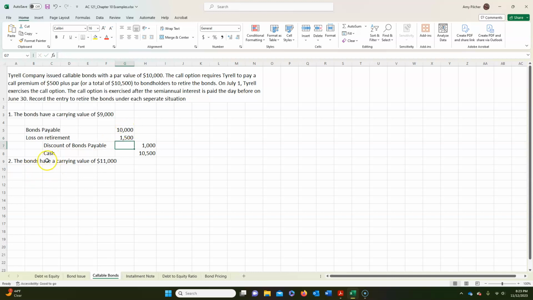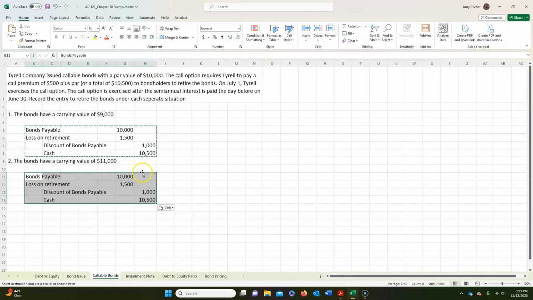In this example, they're on a premium. So I'm actually going to copy this. We still have a $10,000 bond payable and we still have to pay $10,500 in cash.